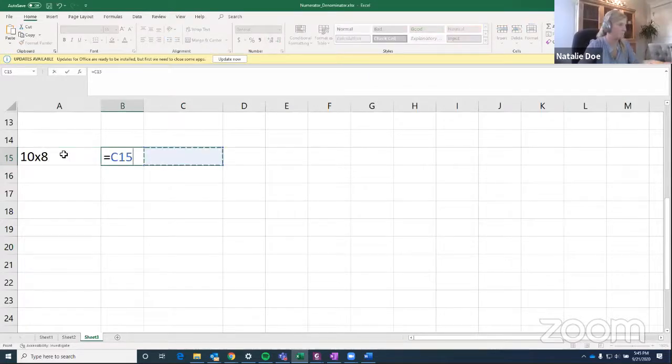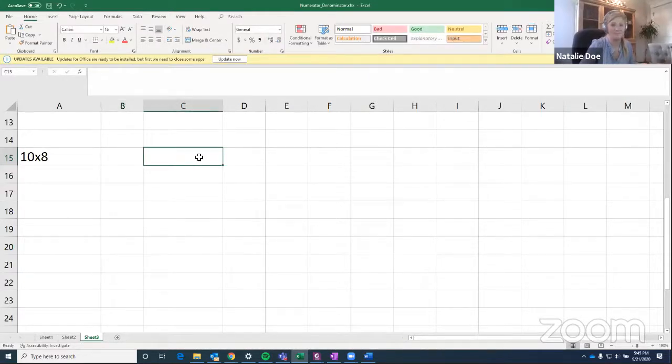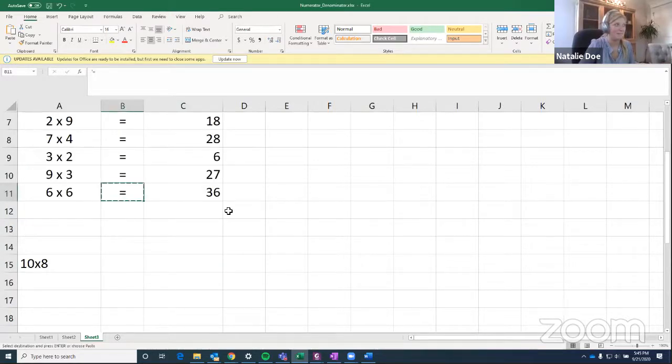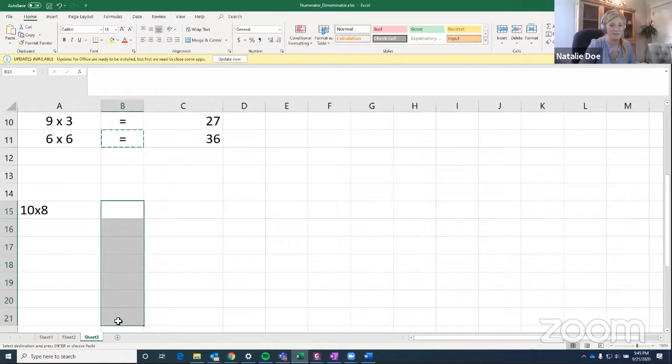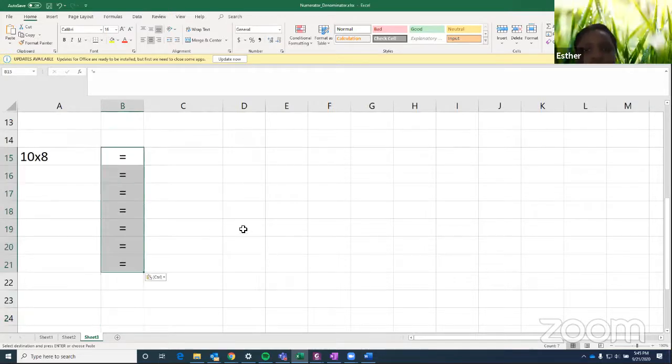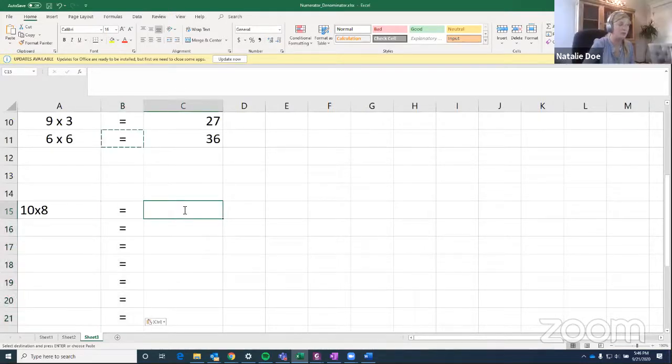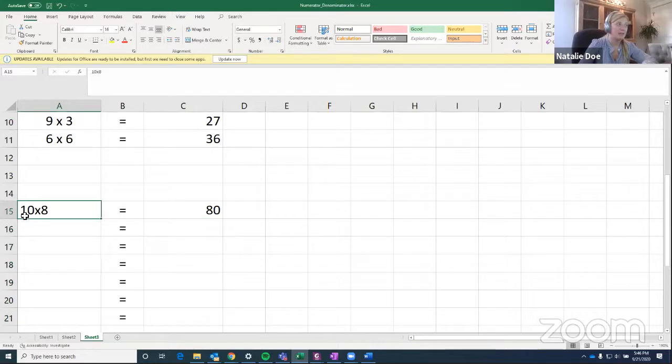All right, what's 10 times 8? 80. 80. Exactly. So when you're multiplying by tens, think about it this way. You multiply the 8 times the 1 here, and then you just add on an extra 0.